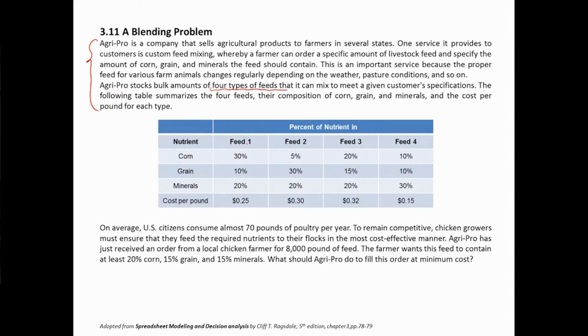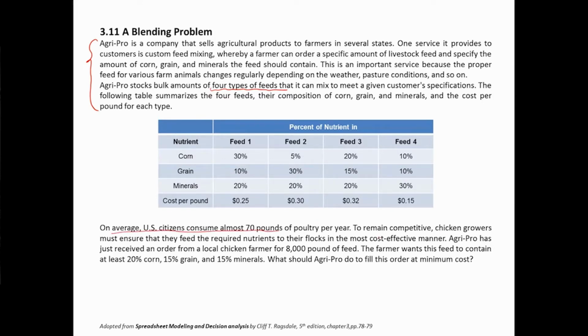That's specified here: Feed 1, 2, 3, 4. They contain different percentages of corn, grains, and minerals, and the cost per pound for each feed differs too. And again, this is general information. We probably don't need to use it.